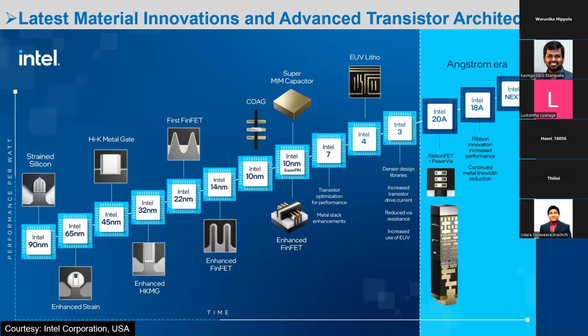So then they are also introducing the angstrom era. Intel is saying they have this 20 angstrom, 18 angstrom, and we don't even know what's happening next. So these things have not been disclosed yet. These are just projections. So you can imagine 20 angstrom is just 20 atoms within one transistor.